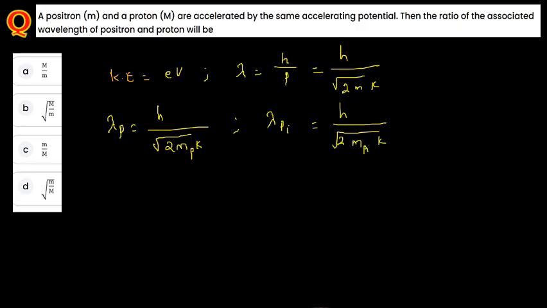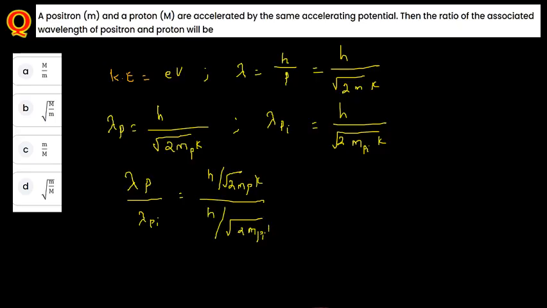Now from this, find the ratio of the wavelength of proton to the wavelength of positron. Proton will be h divided by square root of 2 m p k, and the whole divided by h divided by square root of 2 m positron k. The common terms will be cancelled: h, and the square root of 2k. From this, what you have here is the mass of positron to the mass of proton.